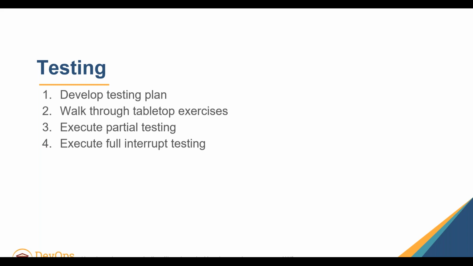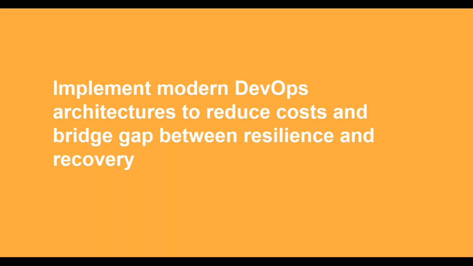And finally, execute full interruption testing. Disaster recovery is not something that is done once and then done for good. You need to continue to refine it, continue to improve it, and continue to test it. But what I can tell you is that if you implement modern DevOps architectures, you can reduce costs and begin bridging the gap between resilience and recovery.